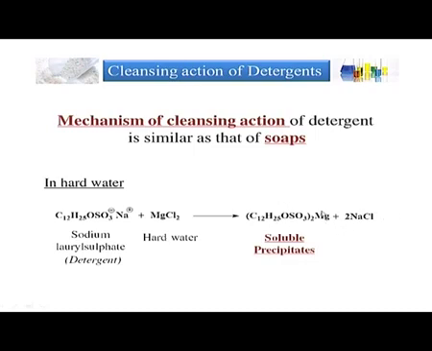But unlike the magnesium salt of fatty acids in the case of soaps, which was not soluble in water, these magnesium salts of sulfonate remain soluble in water, since sulfonate is very polar. Therefore, it does not interfere with the cleaning properties of the detergent, and that is a big advantage with detergents.